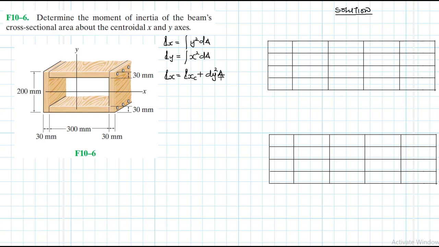This dy is the distance from the centroid of each particular area or part to the axis where we want to find our area moment of inertia.